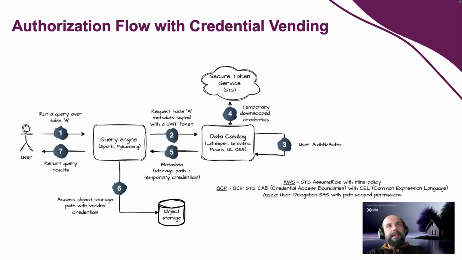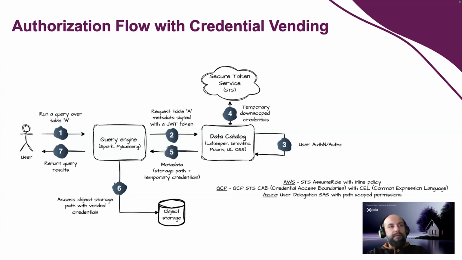So instead of having a user and password or some other ways of authentication against your object storage, you just talk to your data catalog, and the data catalog is responsible for getting you down-scoped credentials, limited to a specific path on the object storage, that are sent to you and that you can use for a limited period of time, for example 1 hour, for accessing your object storage.